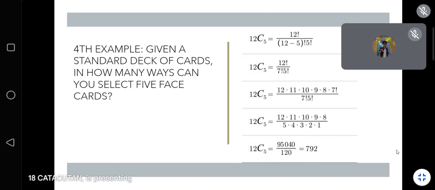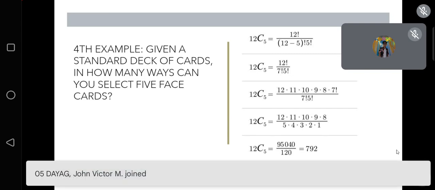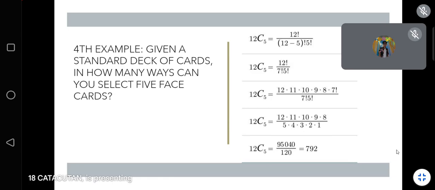In selecting 5 out of 12 face cards, the order is not a consideration. Use the combination rule. 12C5 equals 12 factorial over 12 minus 5 factorial, 5 factorial, which equals 12 factorial over 7 factorial, 5 factorial. 12 factorial is 12 times 11 times 10 times 9 times 8 times 7 factorial over 7 factorial and 5 factorial.